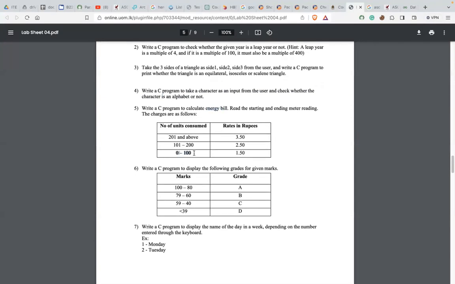From 0 to 100, you are charged 1.5. That means if the value is between 0 and 100, the rate is 1.5. Let's say there are 30 units. 30 into 1.5 is the energy bill. If you provide 120, what happens? 120 means up to 100 it is 1.5, and the remaining 20 is calculated at the 3.5 rate. So that is how the electricity bill is usually calculated. Likewise, you can calculate.